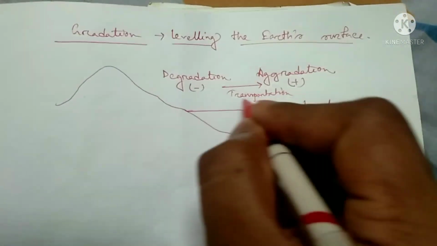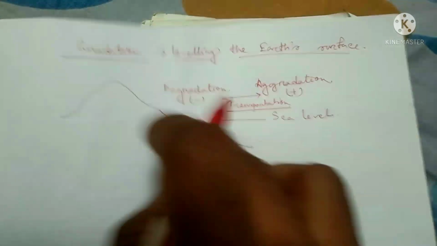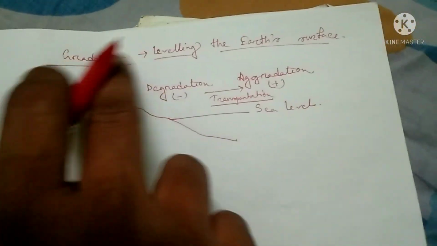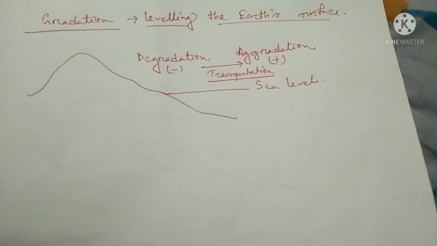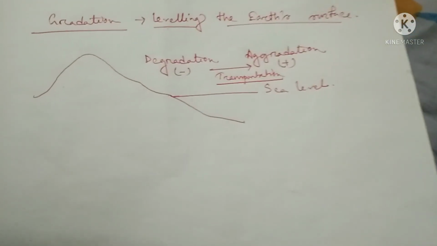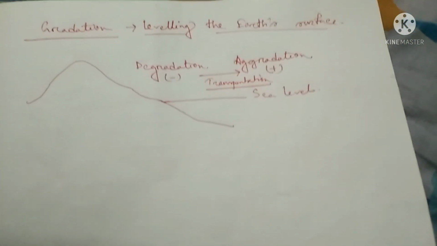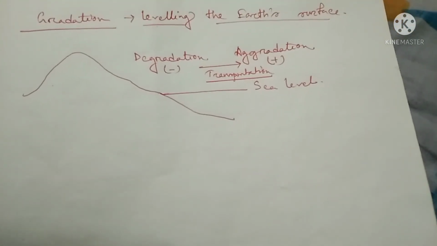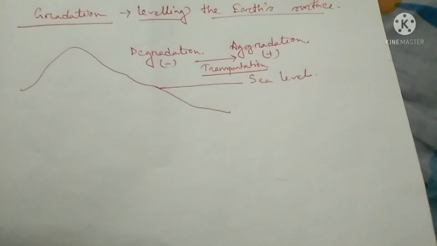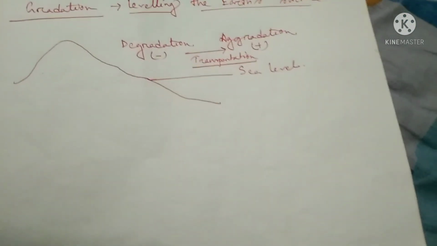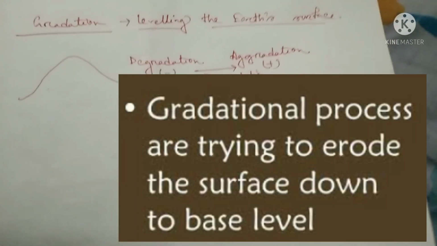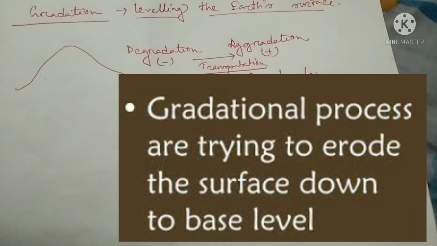So these are the main three processes involved in the gradational processes of a landform. Now, a simple thing: gradation is basically a balancing, a leveling of the land through the erosional, transportational and depositional processes on the surface.